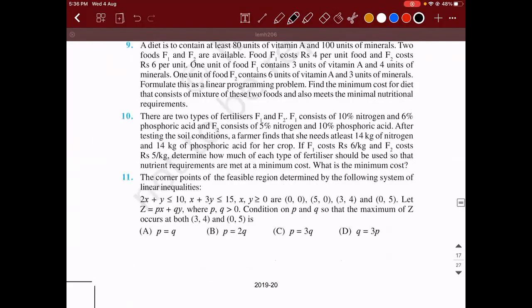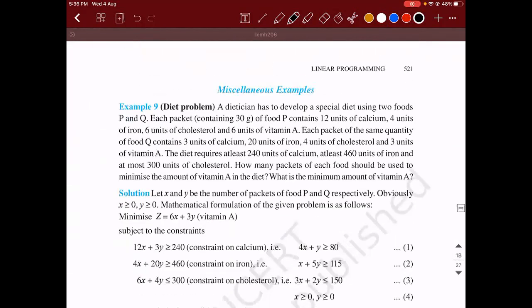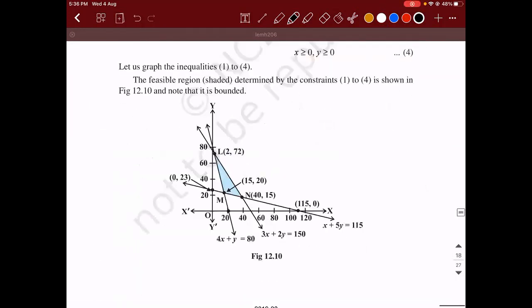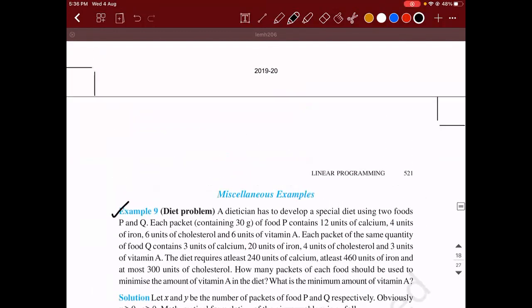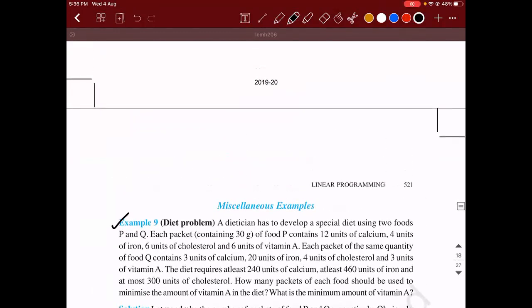That's it. There is nothing much. Okay, you can try out this problem because it's with the bounded thing. So read this question, try to do it.